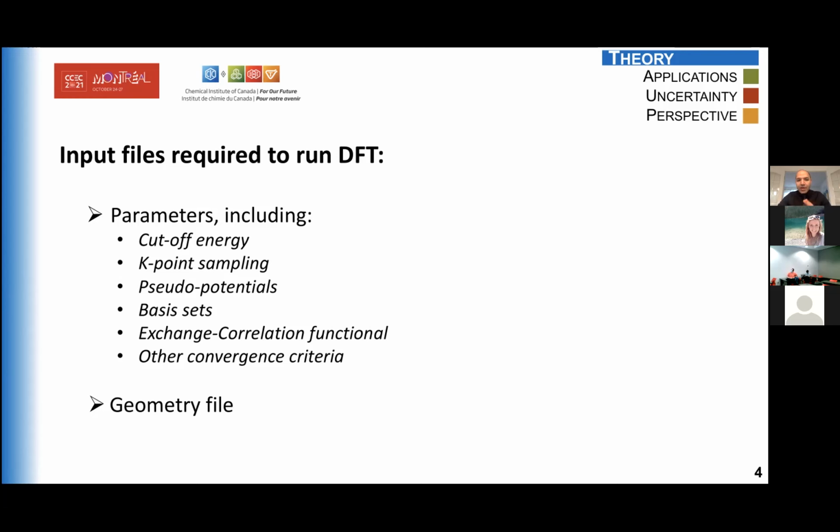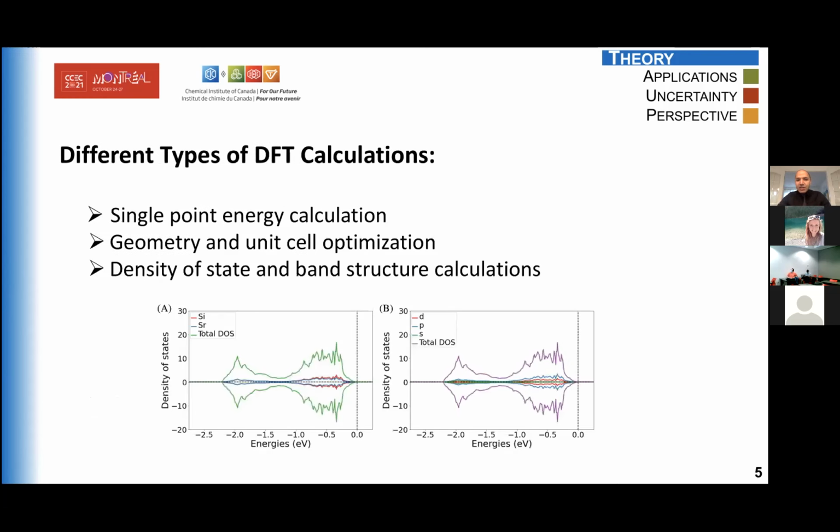By having this information, we again walk readers through the steps. The first thing that we run in DFT is a single point energy calculation. The single point energy calculation is basically just giving a geometry to the DFT code.